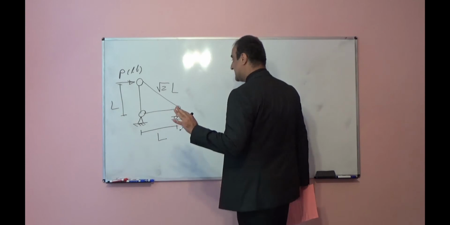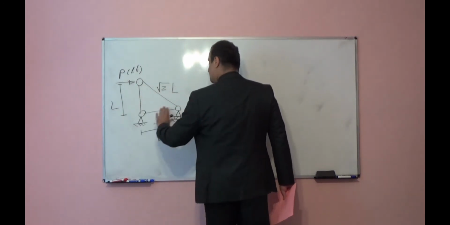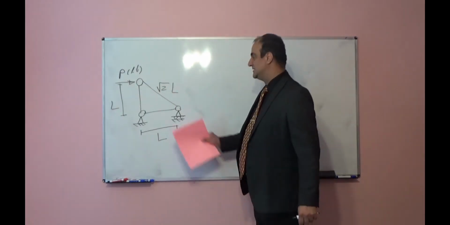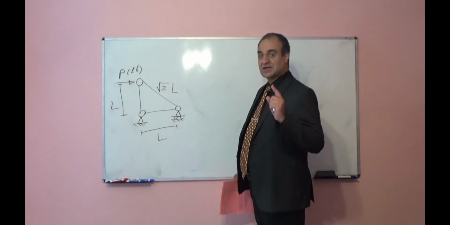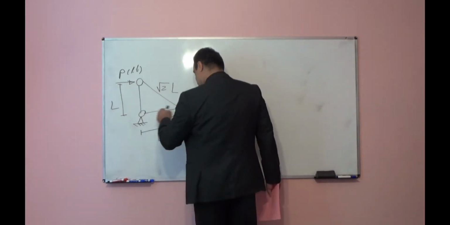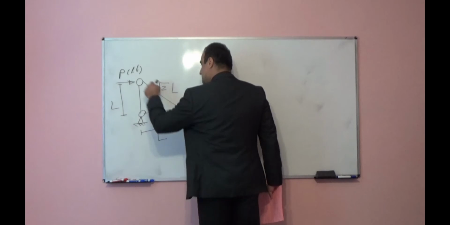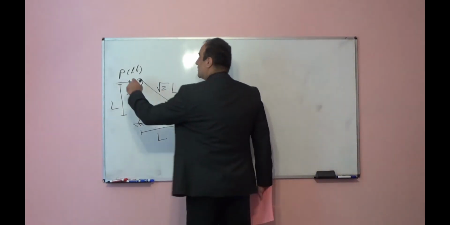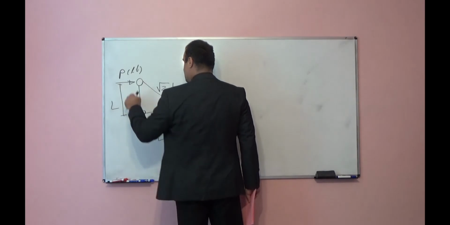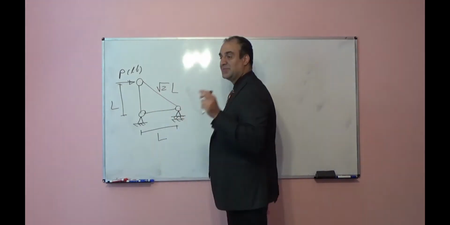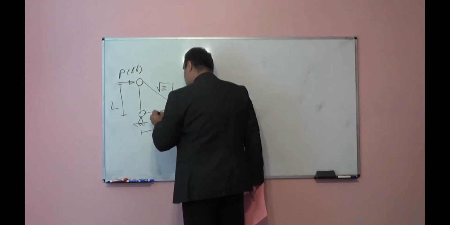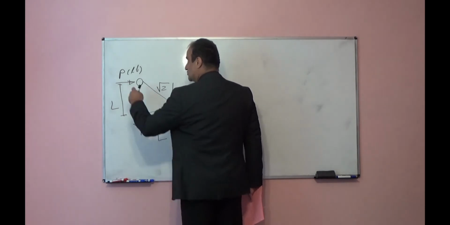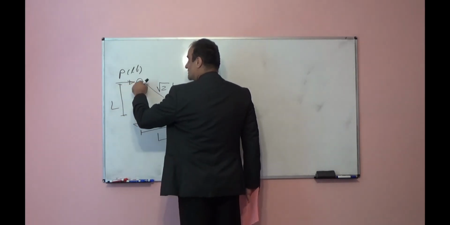So first step, we should be able to find internal forces in these truss members. Truss members always should be straight, and both ends should be pin. And we should apply external load only at the joint. Any joint you can apply, but you cannot apply load on the member like this. You should apply force at the joint.